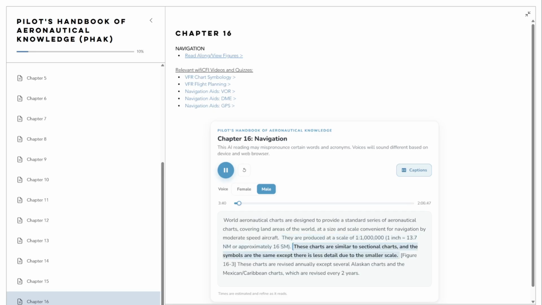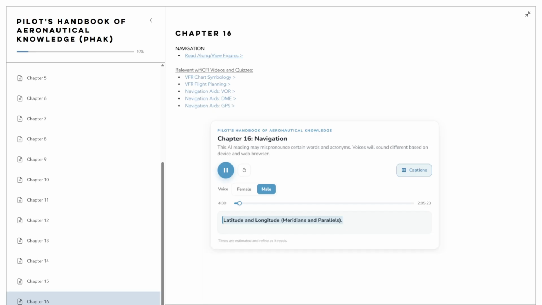These charts are similar to sectional charts, and the symbols are the same except there is less detail due to the smaller scale. Figure 16-3. These charts are revised annually except several Alaskan charts and the Mexican, Caribbean charts, which are revised every 2 years.